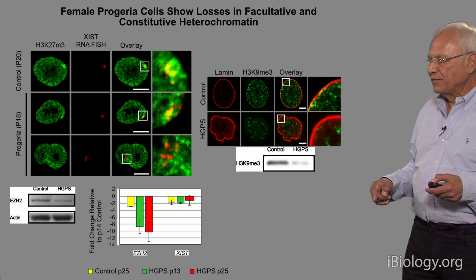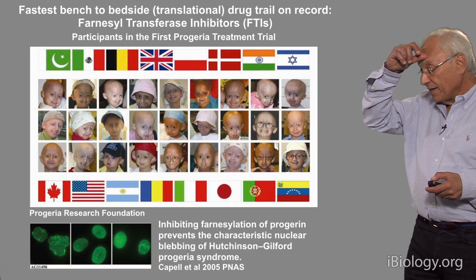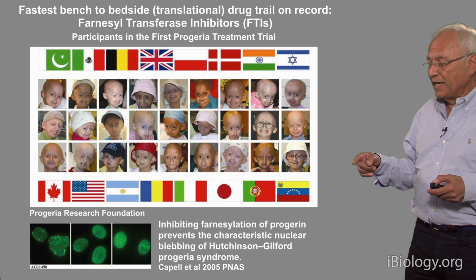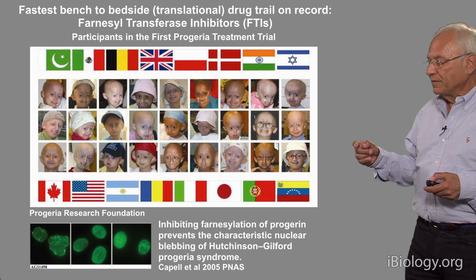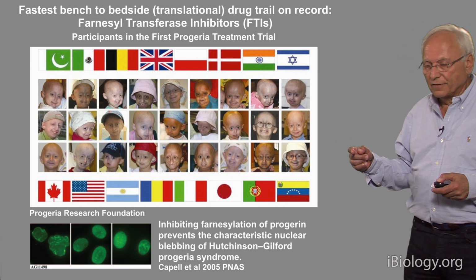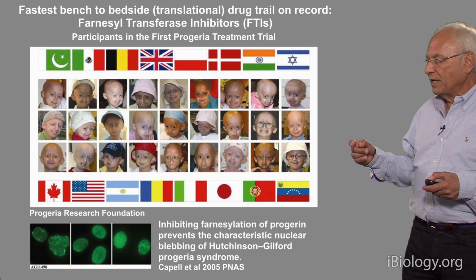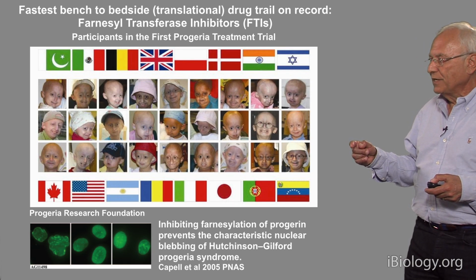So there are profound changes in heterochromatin in progeria, and this, taken together with the finding that progerin is permanently farnesylated, seems to be a dominant negative effect in these patients.